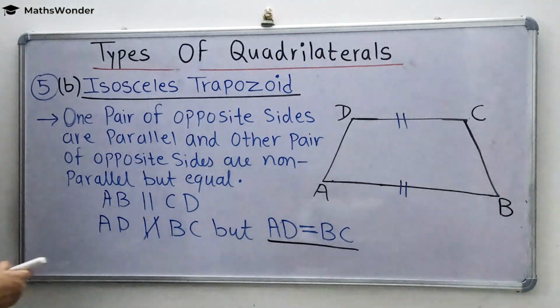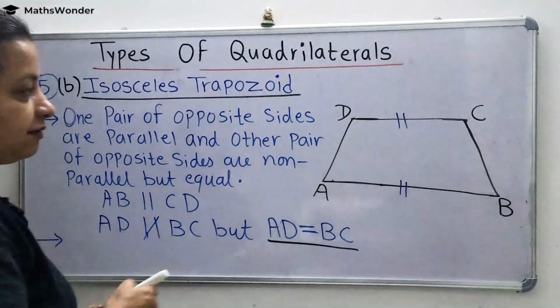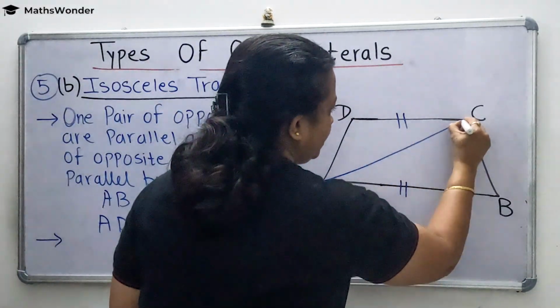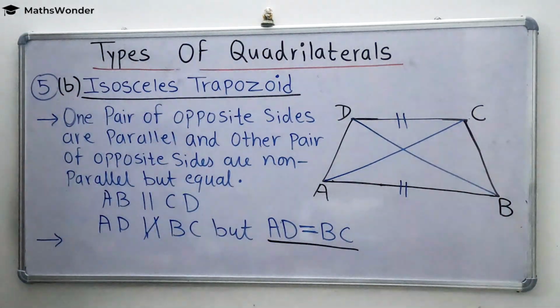Now the second property of the trapezoid is, now come to the diagonal. So diagonals of the isosceles trapezoid are always equal. If I draw the diagonal, when we join AC and BD, the diagonals will always be equal.